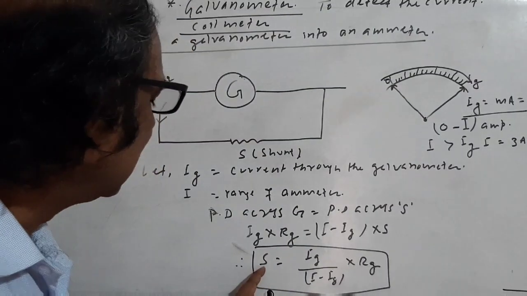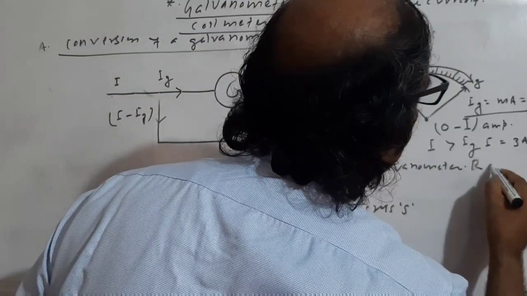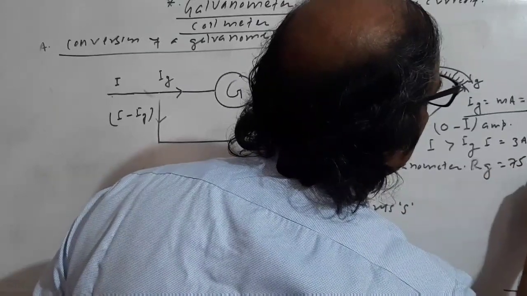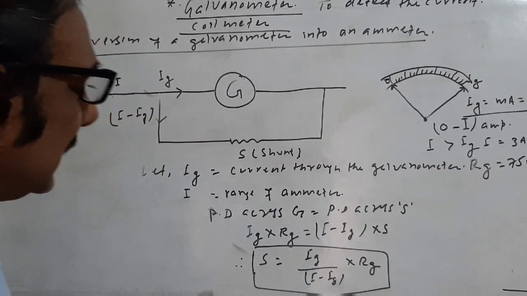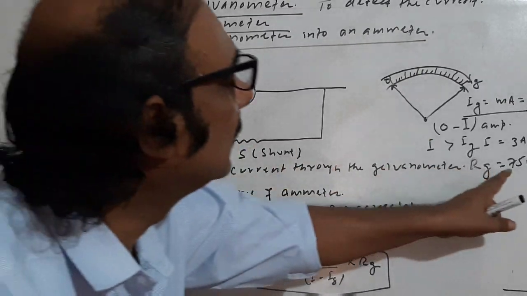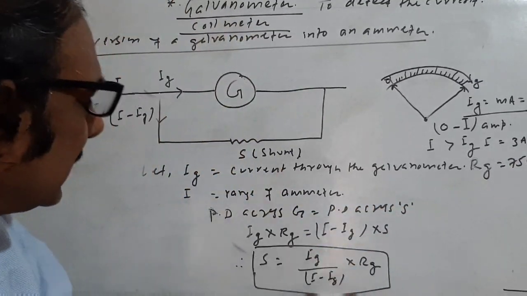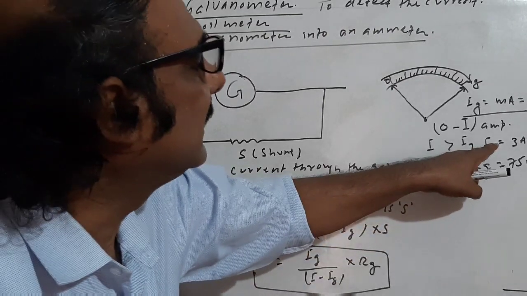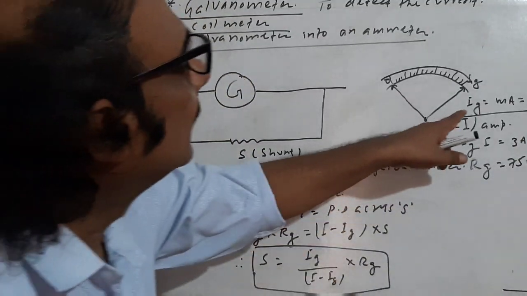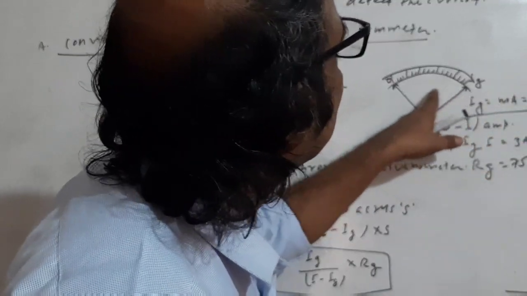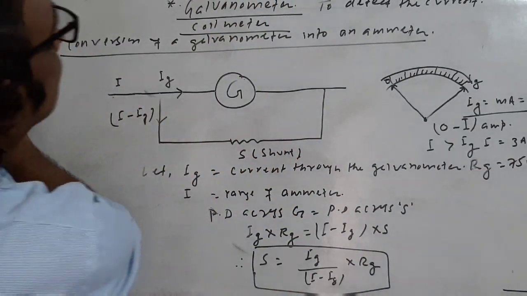So what is the required resistance of the shunt if the resistance of the galvanometer is 75 ohm? A question is given: a galvanometer of resistance 75 ohm is converted into an ammeter of range 0 to I ampere, where I equals 3 ampere, and the full scale deflection of the galvanometer equals 5 milliampere.